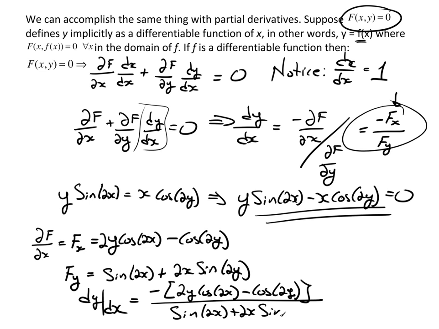Which may look different from our previous answer, but it's not. Once I distribute this negative through and you can fiddle with it for a second, you'll see that it is exactly the same answer that I got earlier using the techniques from back in Calc 1. So to me, this is actually a much more straightforward, direct route to finding dy dx.